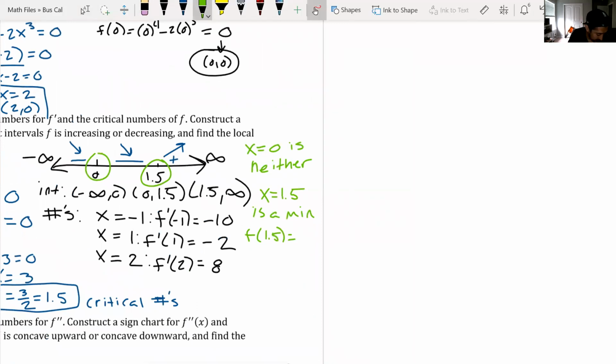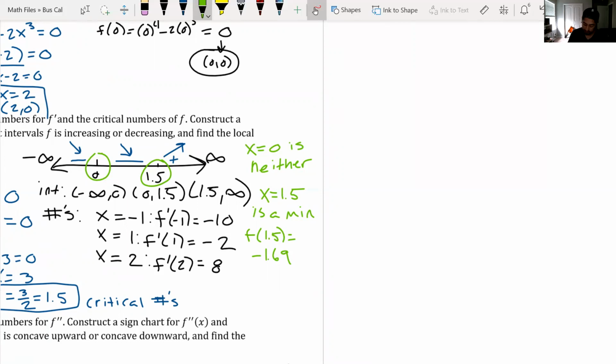So just do that to 2 decimal places. Negative 1.69.